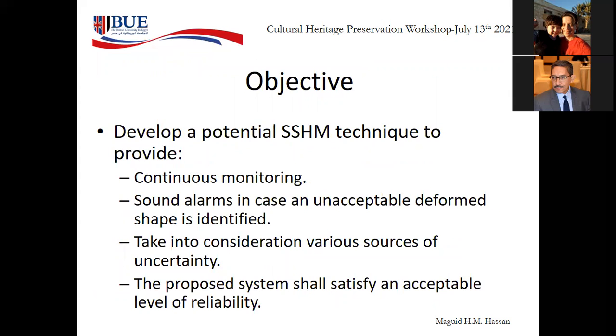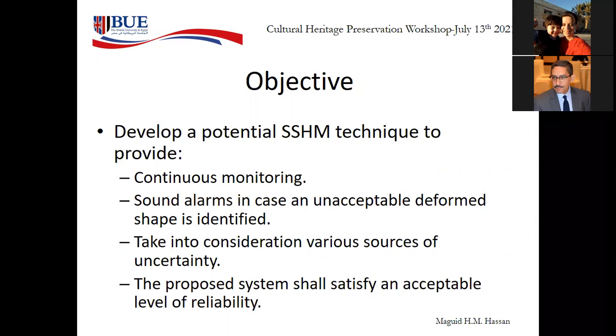So now we introduce the type of structure that we're aiming to monitor and the method that we are proposing to use. So the objective would be to develop a smart structural health monitoring technique to continuously monitor such structures, sound alarms in case of unacceptable deformed shape.